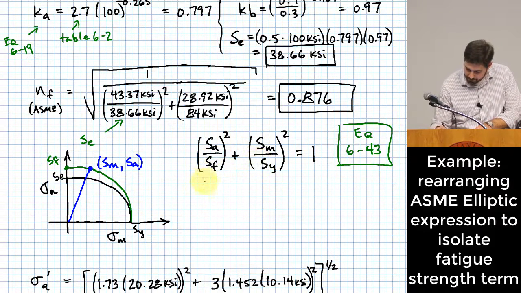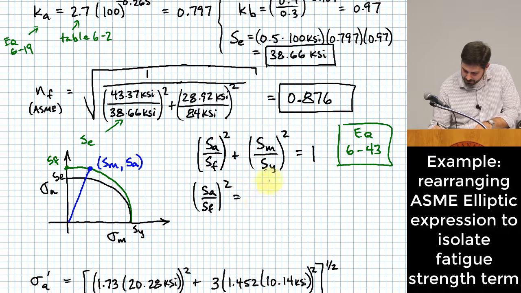So what we'll do here is we'll go ahead and move this to the other side of the equation. So we would have SA over SF squared is equal to 1 minus SM over SY squared.